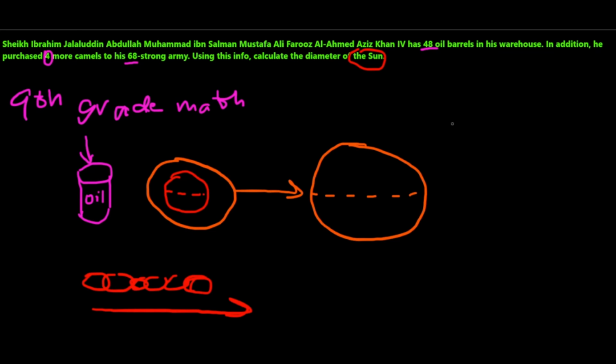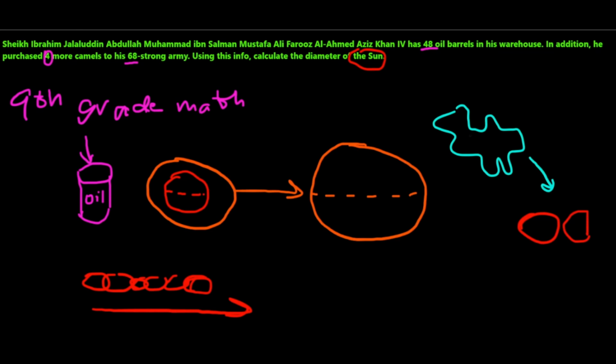So let me change my color for this one. Let's assume that one camel produces, oh, that is not a camel, but whatever, produces about 1.5 oil barrels every day.